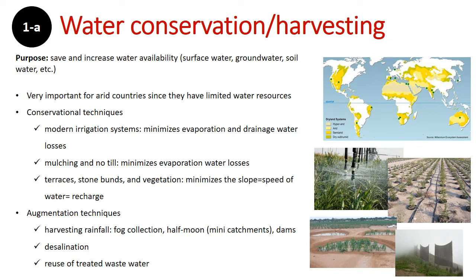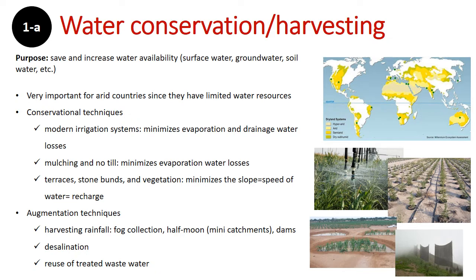Also in arid countries, they practice a lot of reuse of treated wastewater, and it acts as an additional water source. Now, the thing you keep in mind here is the effectiveness of these solutions. Some of these techniques might be very easily done. They're cost effective, very cheap.